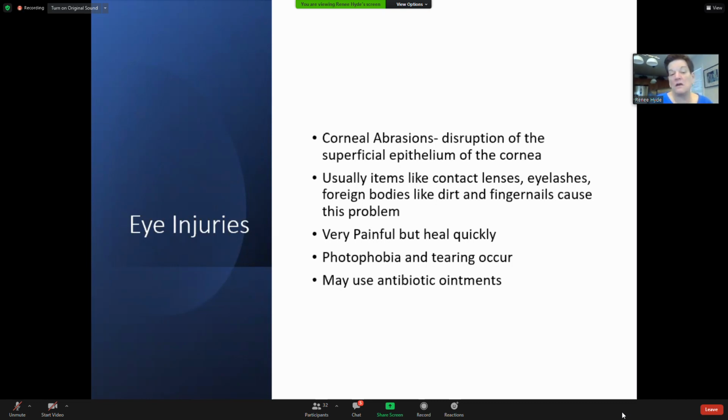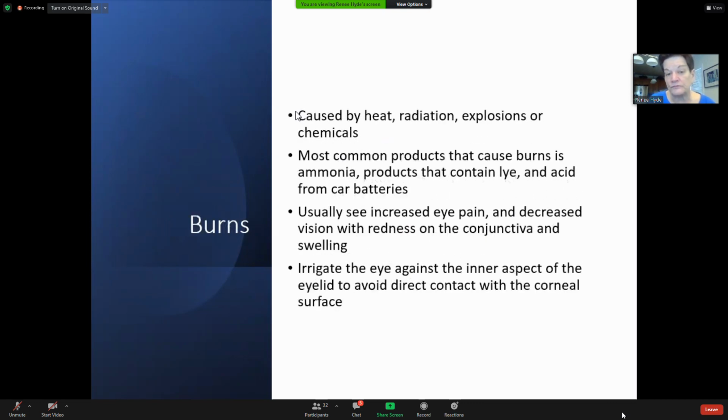Now, other types of injury would be like burns. A lot of times burns to the eye are caused by heat or steam. It can be caused by radiation, explosions, or chemicals.